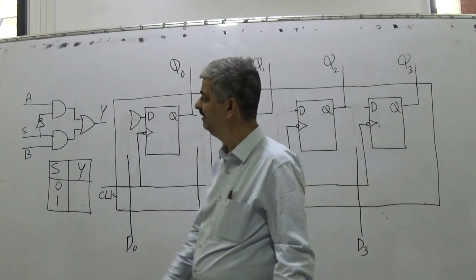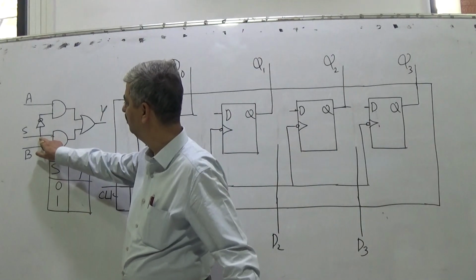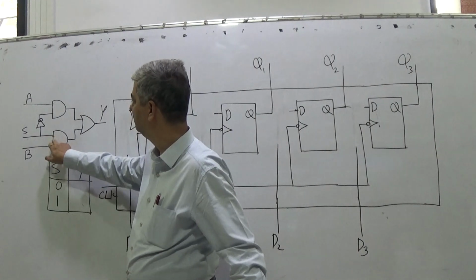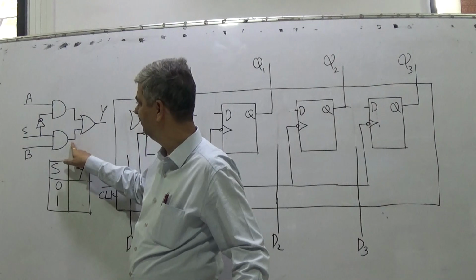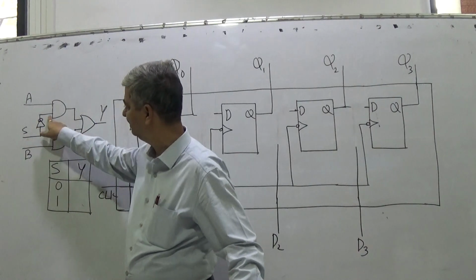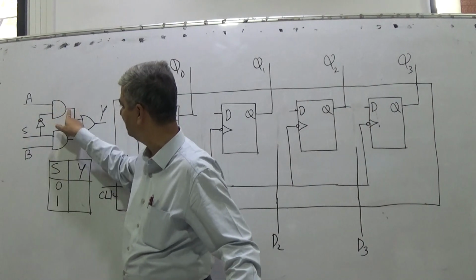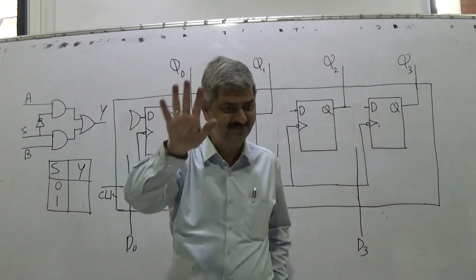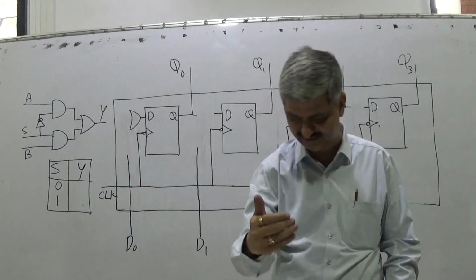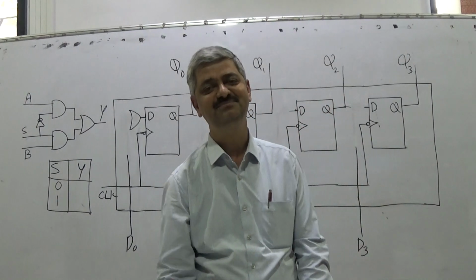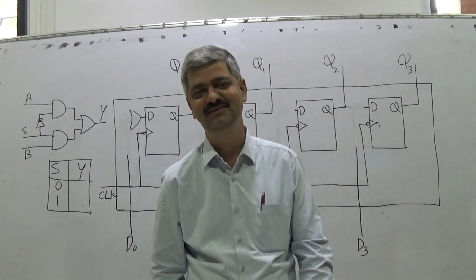It's very simple. If S is equal to 0, this will be 0. When S is 0, this is 1. When this is 1, this is A. It's very simple. Right? This multiplexer I will explain again in the next part, but it's too simple.